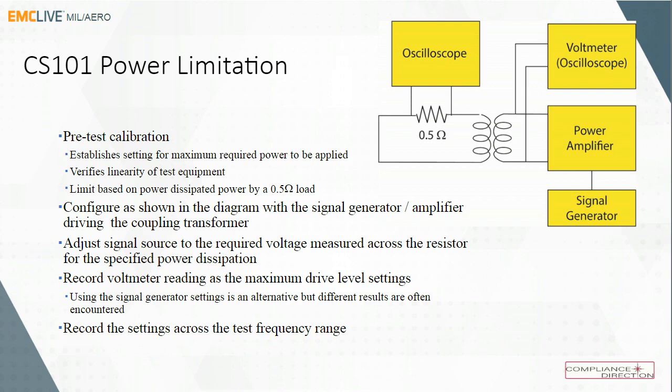And you record all the settings across the frequency range, capturing as many values. Whenever I change my settings or the voltage varies, I need to record that frequency where that occurred. If everything stays even and flat, it's not so many readings here.